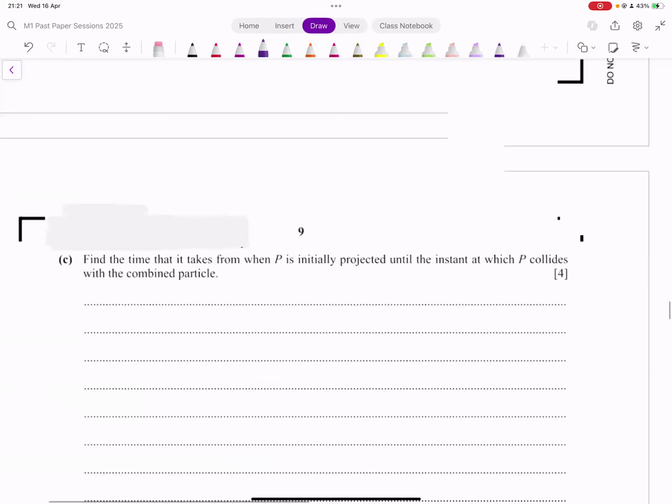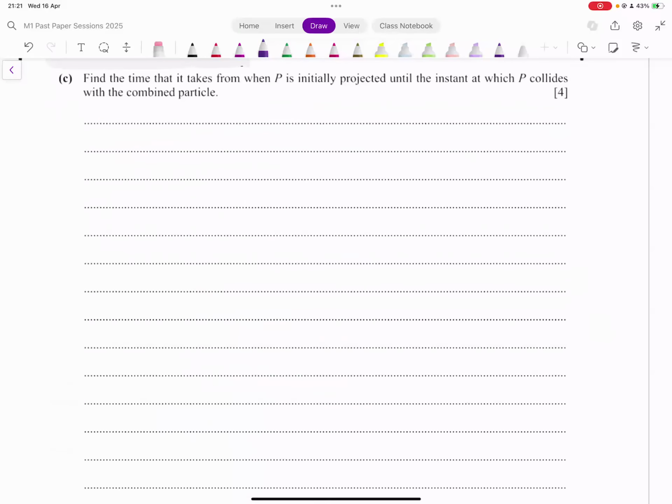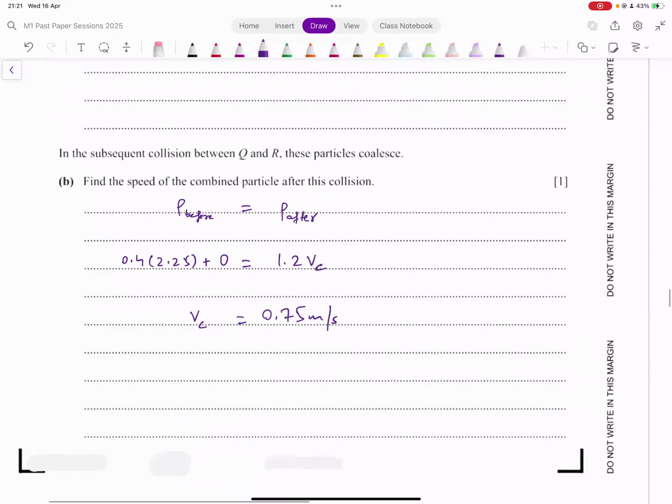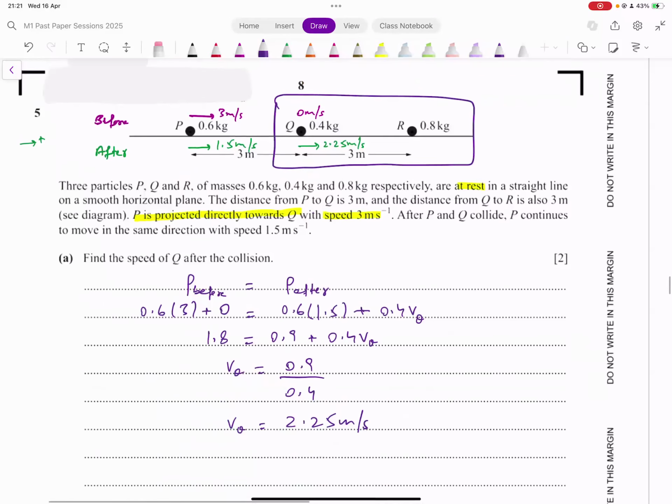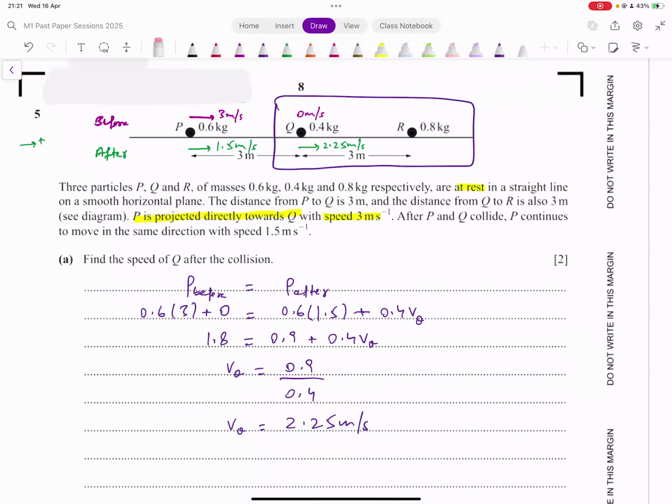Now it says find the time that it takes from when P is initially projected until the instant at which P collides with the combined particle. So now we're looking for the time. Now the surface was smooth. If it's a smooth surface, that means there's no friction.